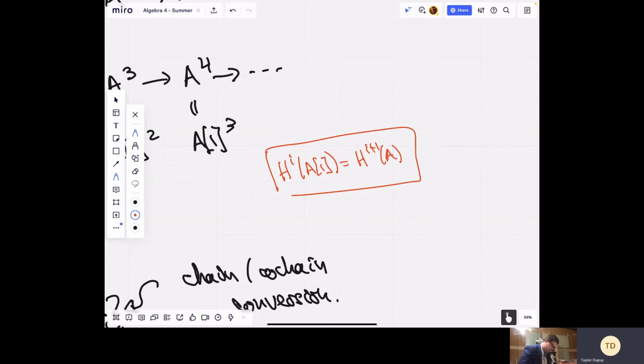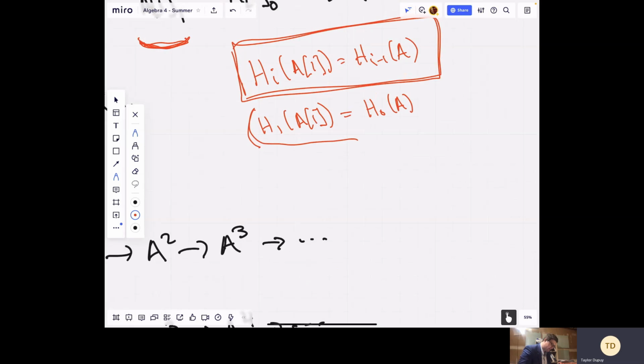So this is the formula here. Shifting shifts the homology, just like suspension shifts homotopy.